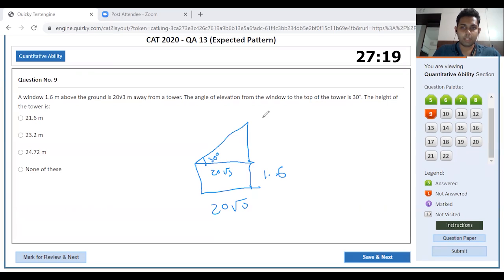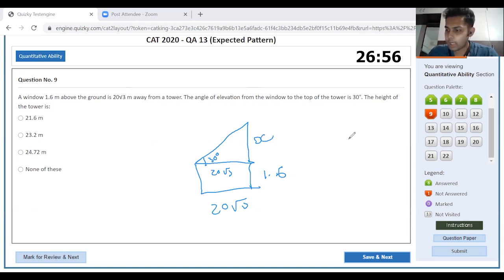It's 30 degrees. The height of the tower. I know this, okay? So if I know this, all I need to find is this particular thing.